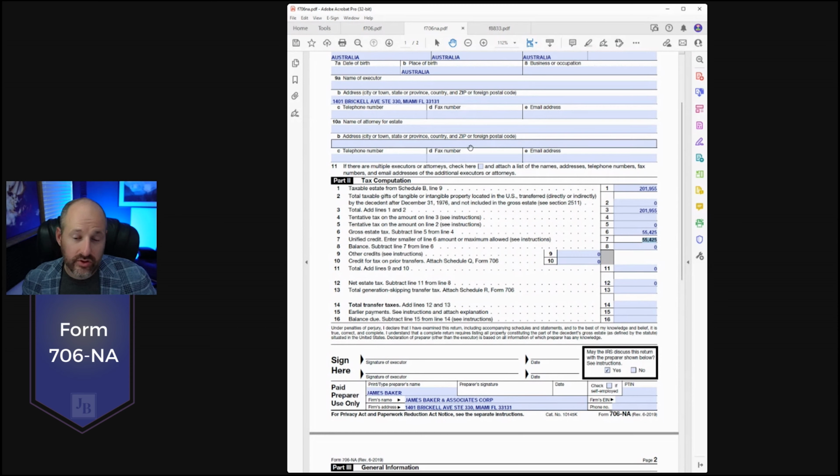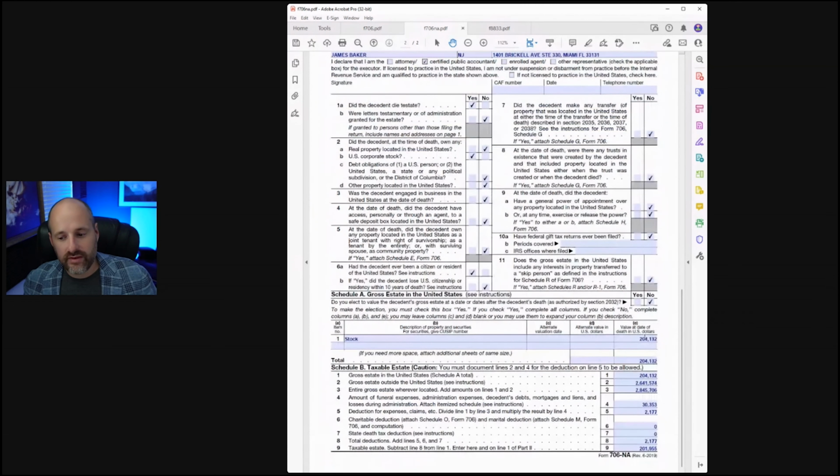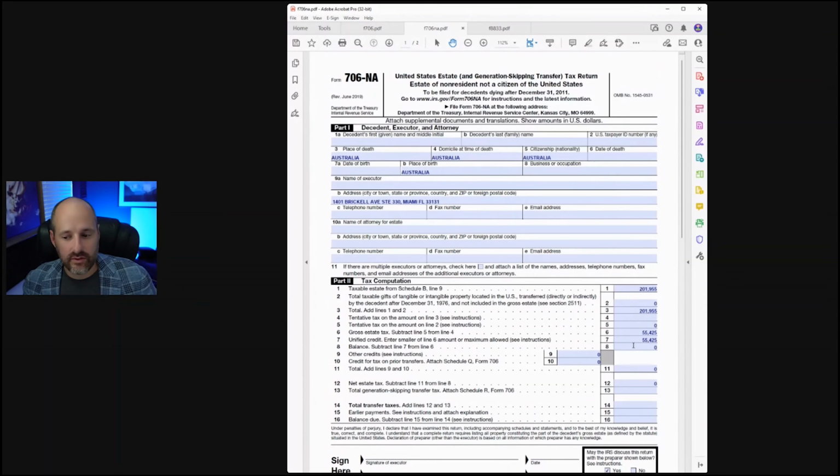So if this person was not from Australia or a country with a death tax treaty with the U.S., they would have had to pay a $40,000 tax, $41,000 of taxes before receiving this $200,000, just because it was in the U.S. Luckily, this person was a citizen of Australia, so we could use the death tax treaty. But if they weren't, they would have been paying a $40,000 tax. That's why this is so important.